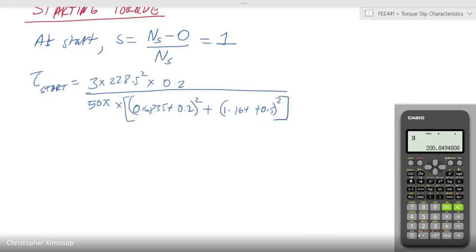So we have 1.164 plus 0.5, squared. This is 2.7689.